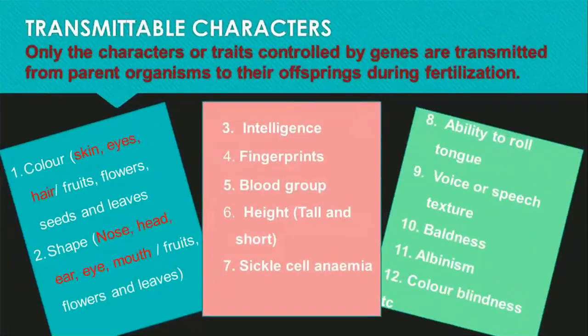Now let's look at some of these transmittable characters. Note that only the characters or traits controlled by genes are transmitted from parent organism to their offspring during fertilization. That means environmentally acquired traits cannot be inherited or transmitted. What do I mean by this? There are certain characters that are acquired in the environment.